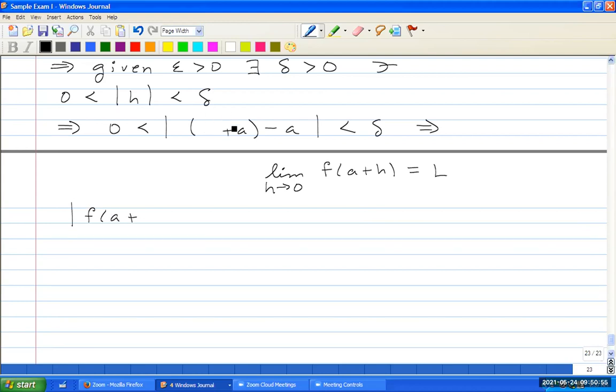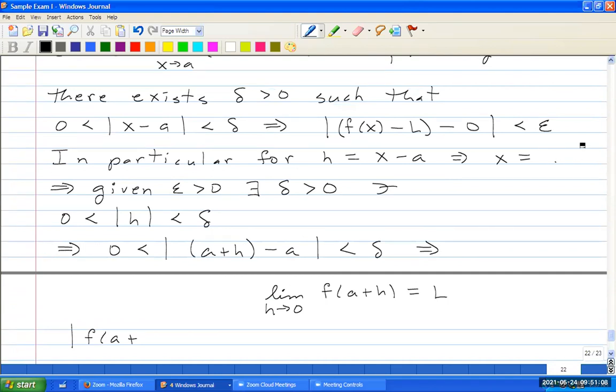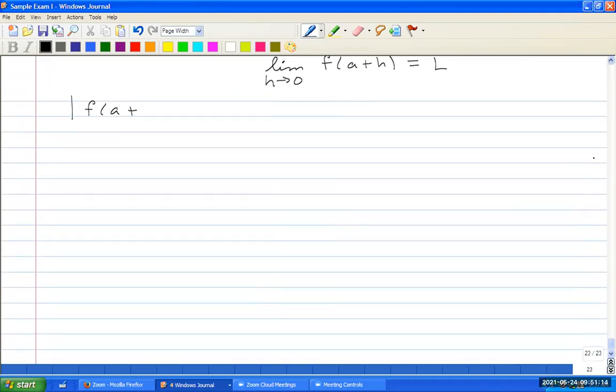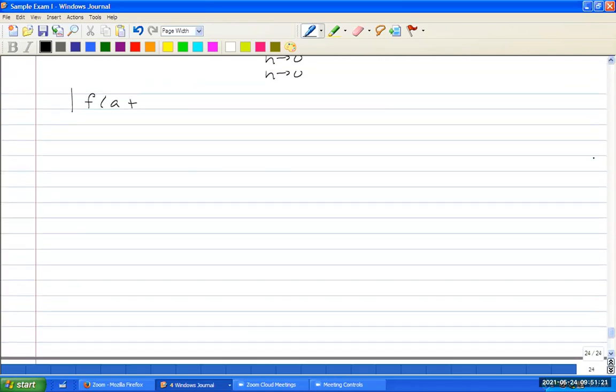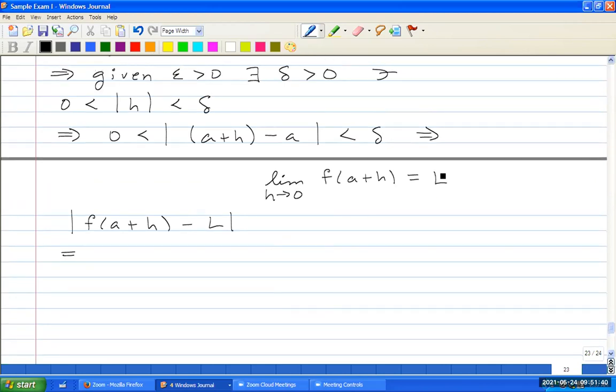Oh, I should have called this a plus h, not that it really matters, just so that it goes with what I wrote. And so f of a plus h minus L, let's see what this is equal to. If I can show that this is less than epsilon, then I'm done.